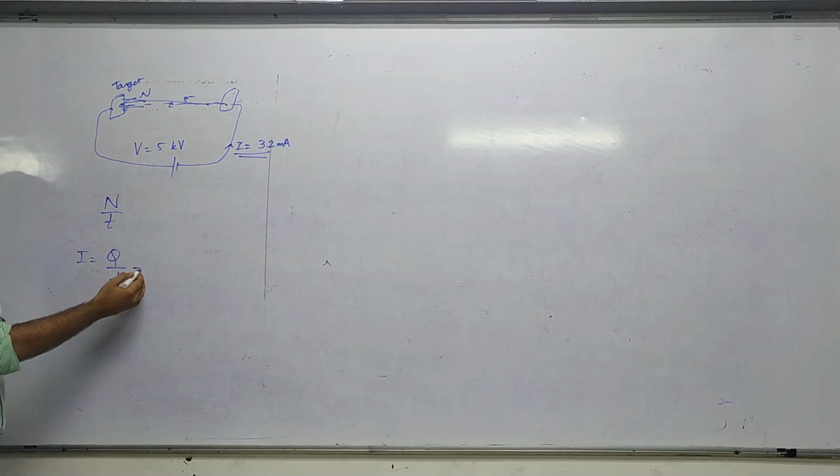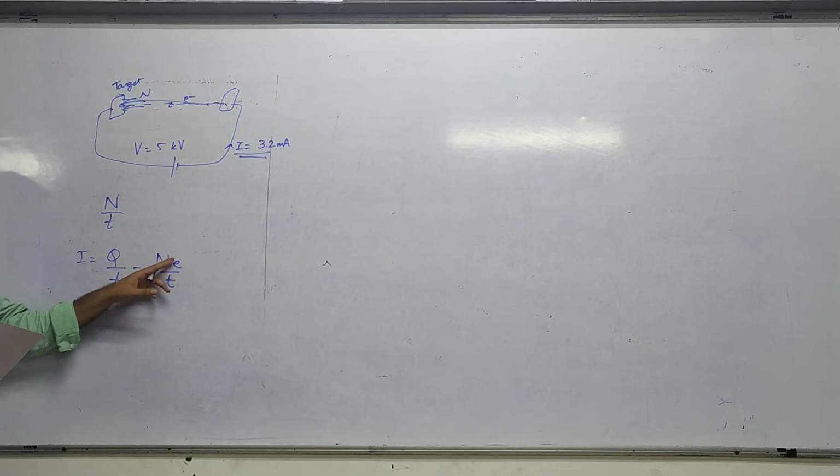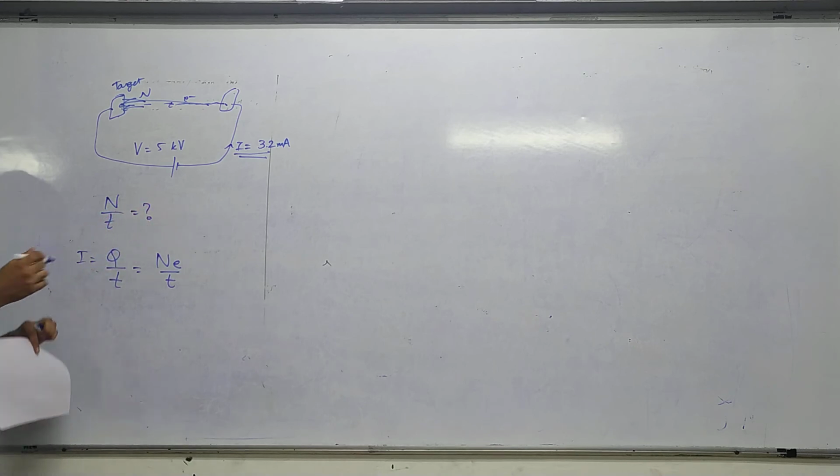So I is equal to Ne by T. Charge flowing is of n electrons, each with charge e. So Q is Ne, and Ne by T is I. Can you find the number of electrons striking per unit time now?